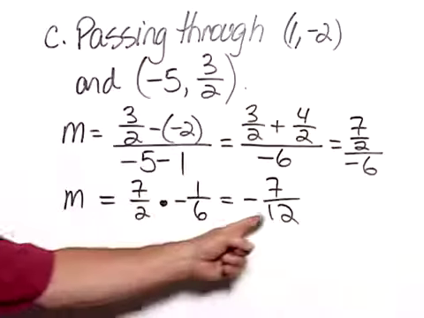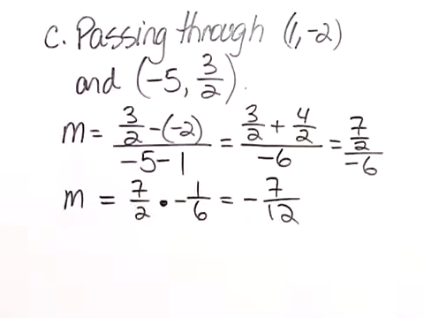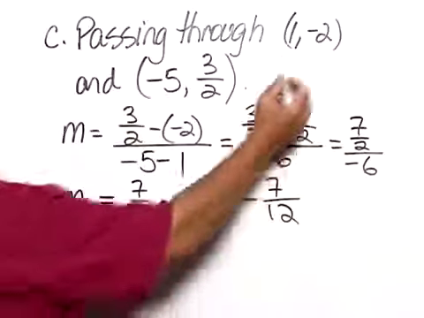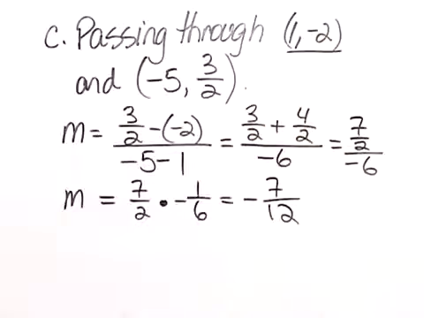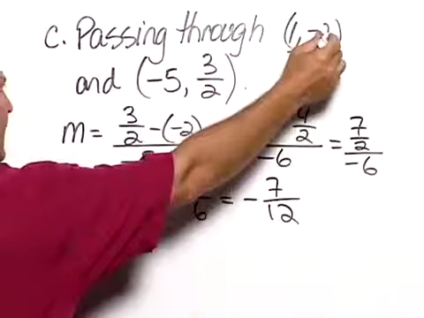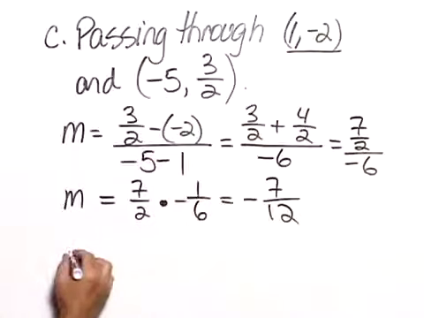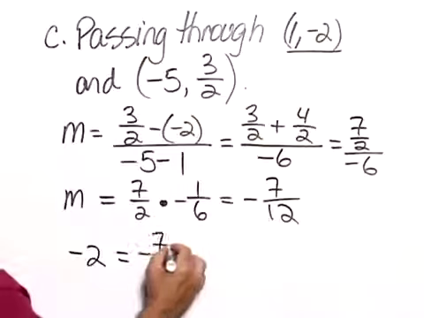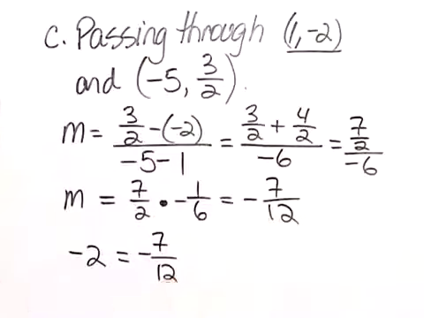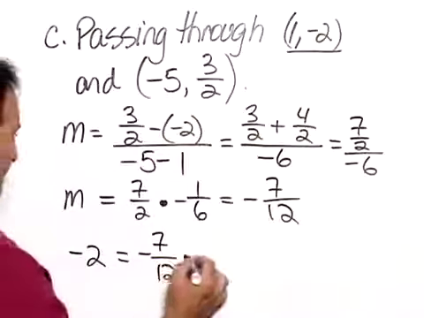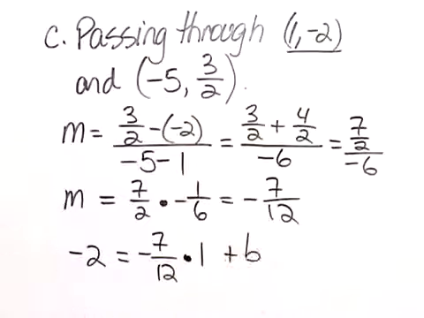We substitute this into the formula y equals mx plus b. However, at the same time, I'm also going to substitute this point in. This is for x and this is for y. So it would be negative 2 for the y value equals the slope, negative 7/12 times x plus b.